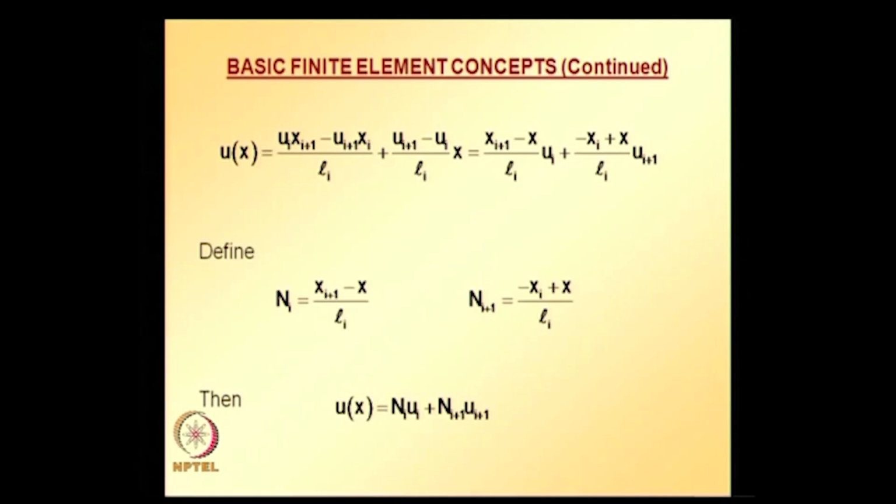If you recall, for the Galerkin weighted residual method, the weight function is defined as the partial derivative of u with respect to the unknown coefficient. Earlier you had unknown coefficients a naught and a1, whereas now you have unknown coefficients ui and ui plus 1. Now you take the partial derivative of u with respect to ui, you get Ni, and the partial derivative of u with respect to ui plus 1, you get Ni plus 1.